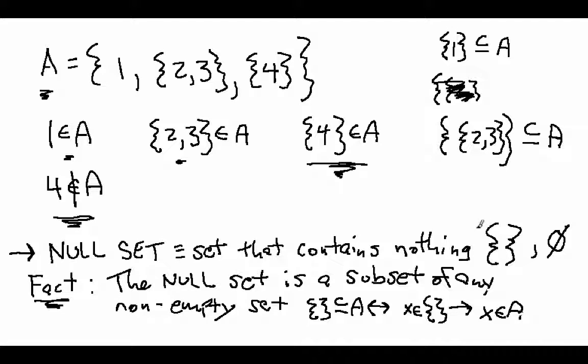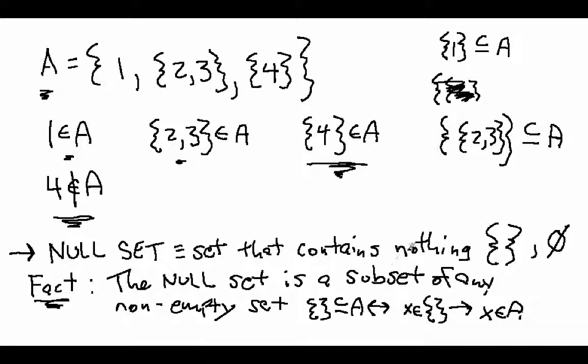One is we use the braces to indicate a set, but we don't put anything inside. The other way to do it is to draw a 0 with a line through it. I think we're going to try and stick to this notation here, but sometimes I may forget, okay? So a very important fact is that the null set is a subset of any non-empty set.